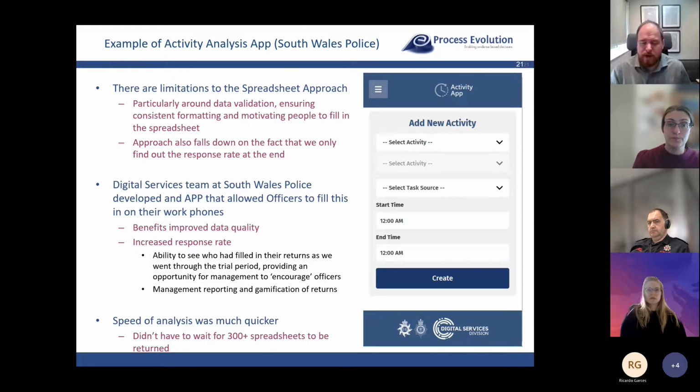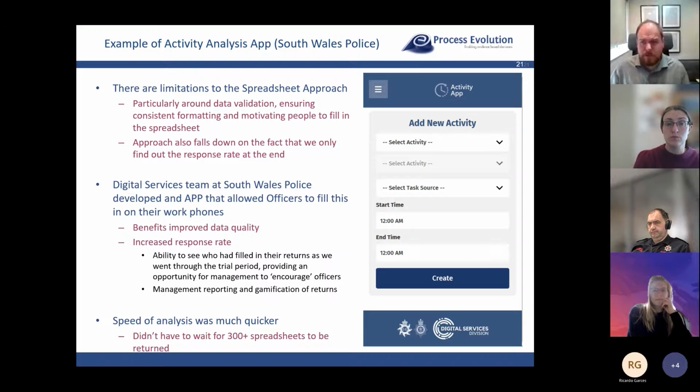One of the problems that I know we've had in some areas is not necessarily knowing the approach and what kind of response we're going to get. The beauty of the South Wales model is when they put an app together, that app reported every night, and we were able to understand which areas have responded and who's not doing their activity analysis.